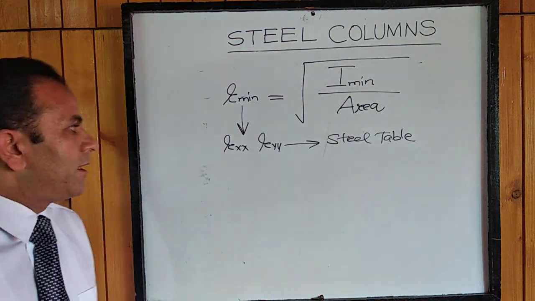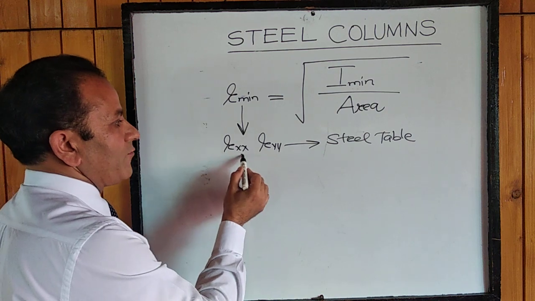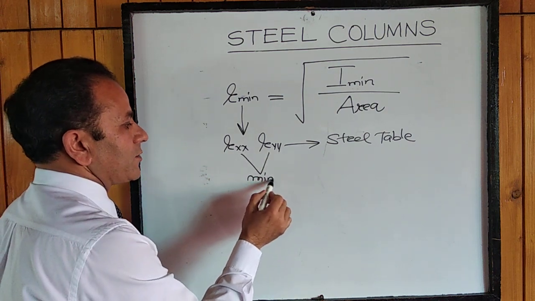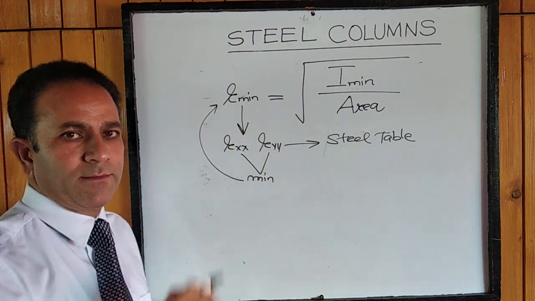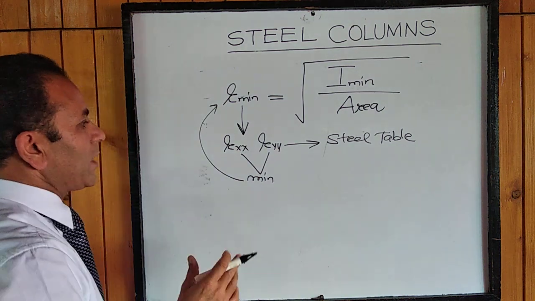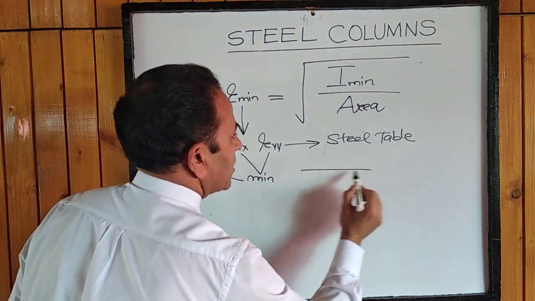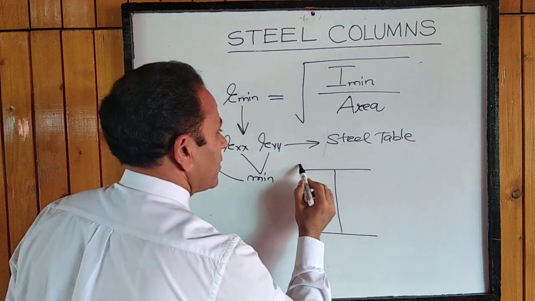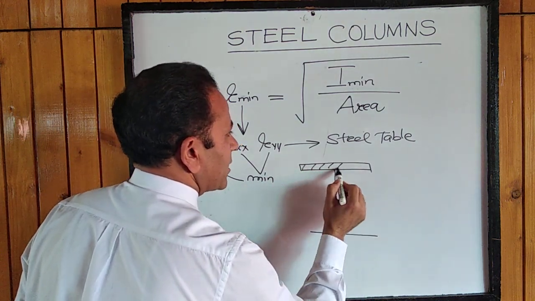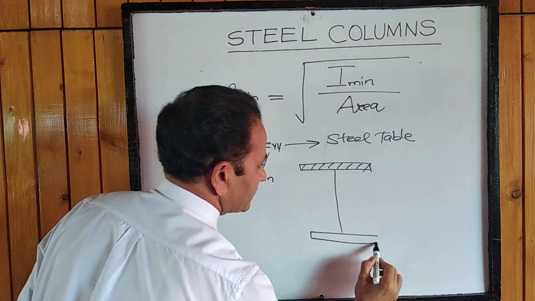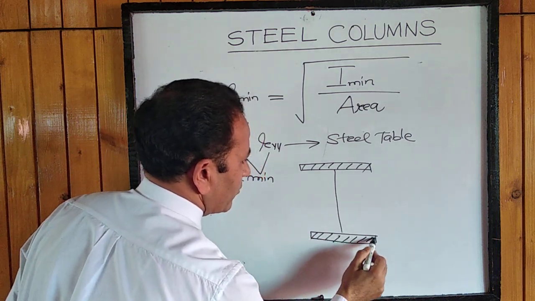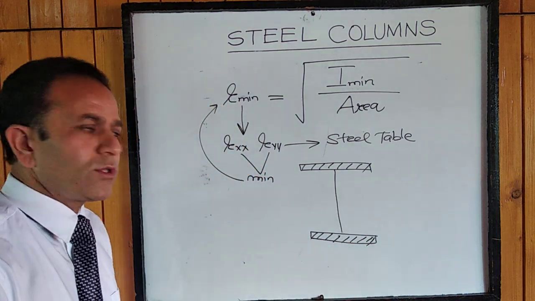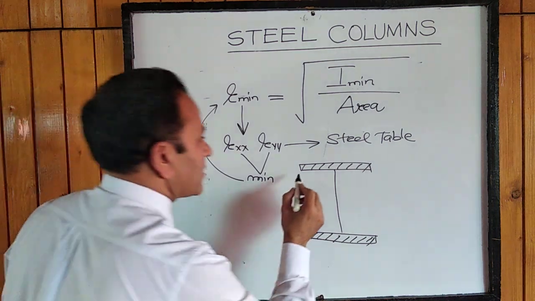We can check which is the minimum value and then use it as r minimum. But in case we have a built-up member, say a single I section but with flange plates, if we are providing flange plates to this I section, say it right here.